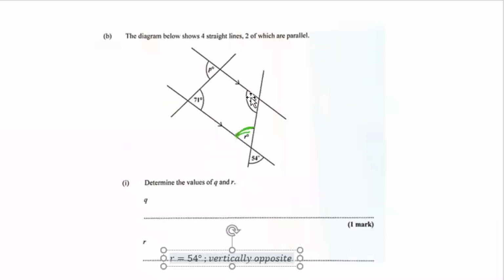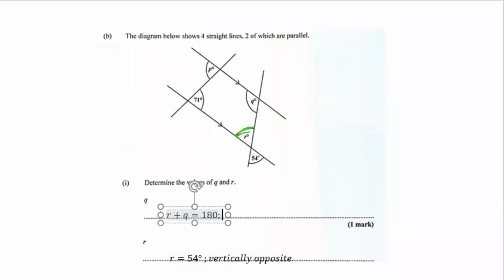Now we can look at Q. If I'm comparing Q degrees and R degrees, I remember in the exam that my teacher told me R and Q would be co-interior angles, and co-interior angles add up to 180 degrees. So R degrees plus Q degrees is equal to 180, because co-interior angles are supplementary, and supplementary angles add up to 180.